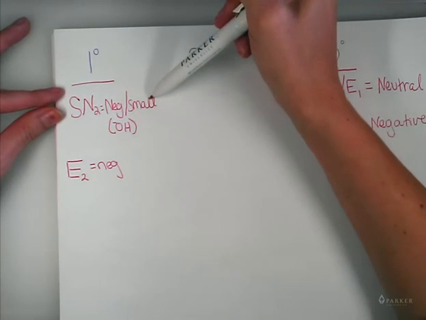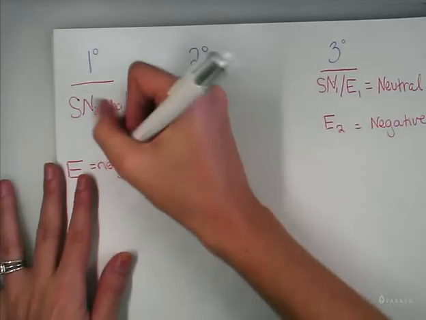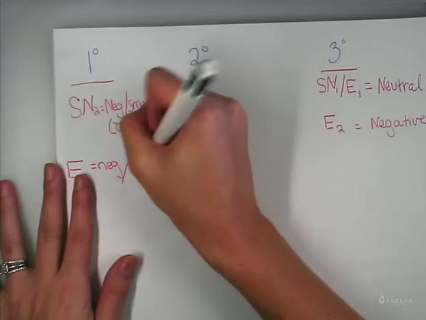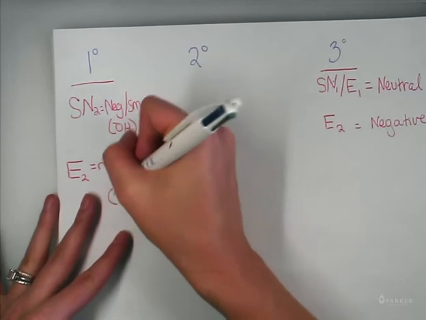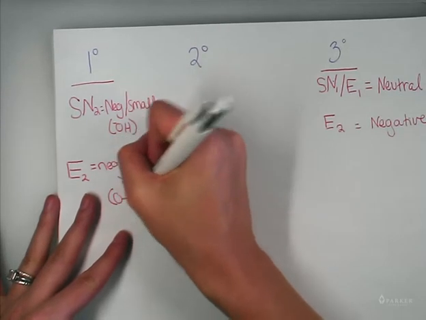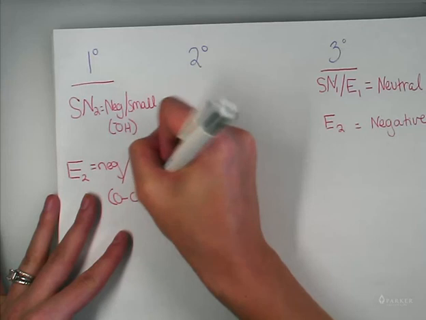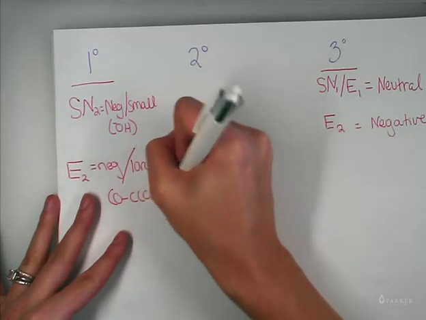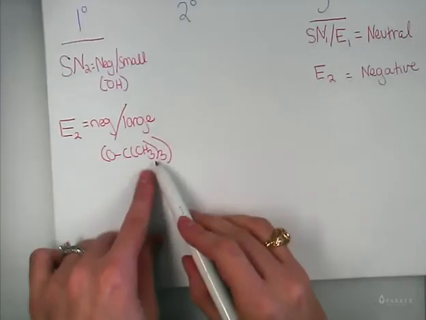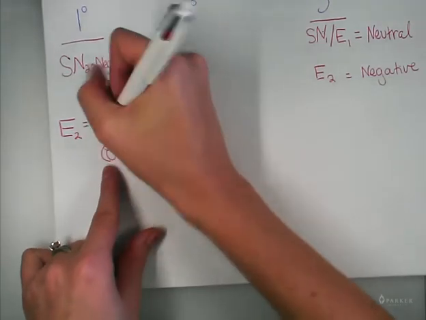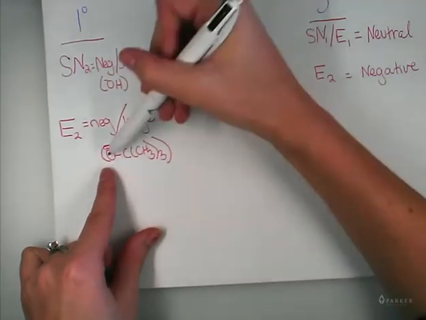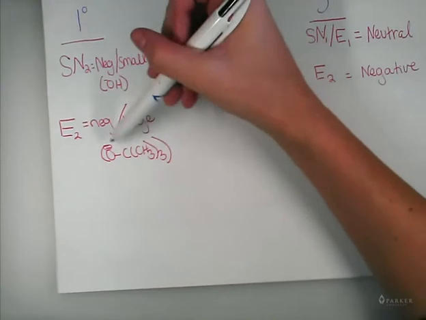So how can I make it not be SN2? I can make it large. An example of that would be OC(CH3)3. So do you see right here? I have 3 methyls branching off this carbon here.